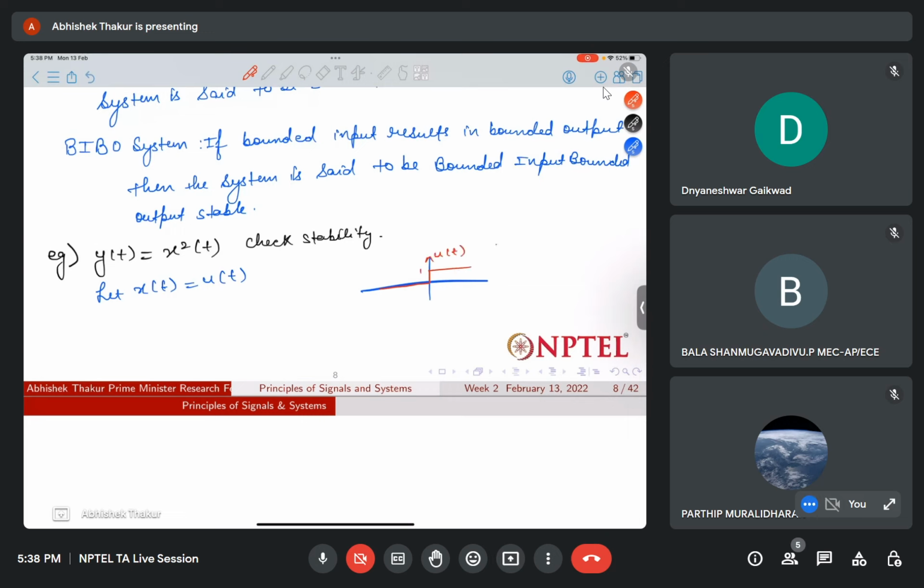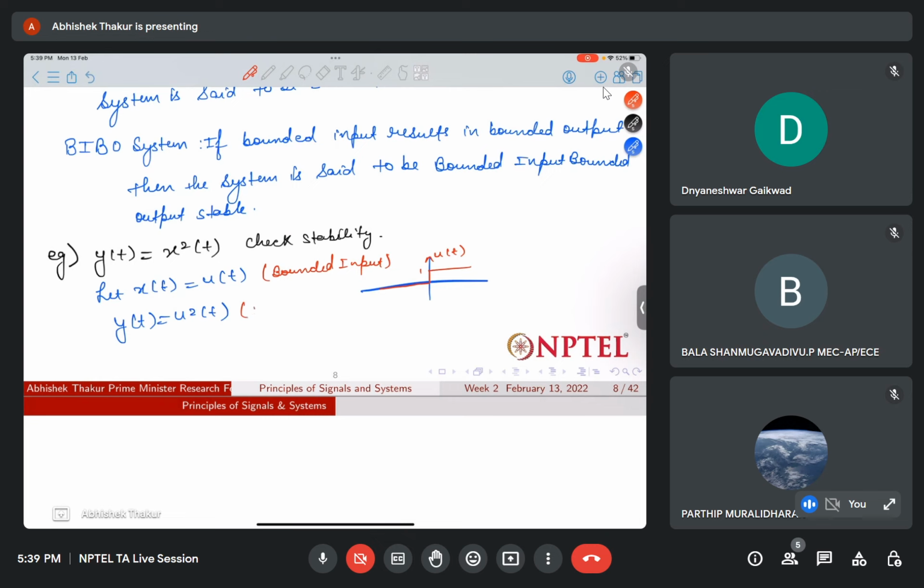So here x(t) is equal to u(t), that is a bounded input. Now for the bounded input, we will check whether the output is bounded or not. The output will be u squared of t. What is u squared of t? That is also u(t) only.